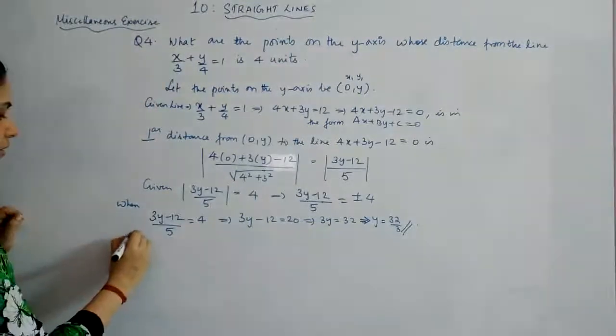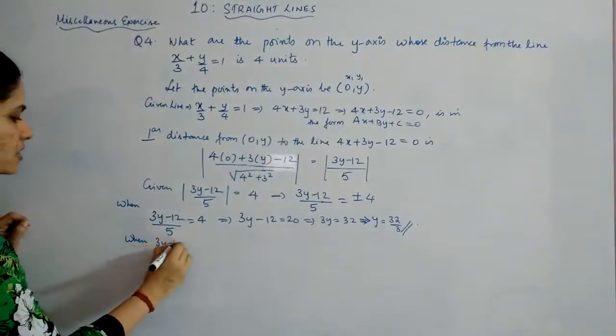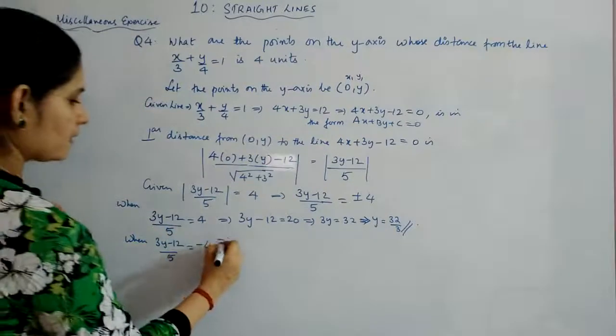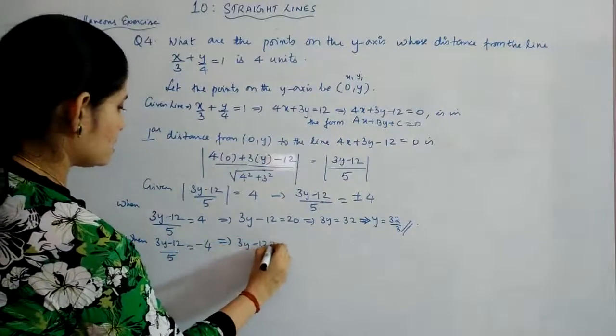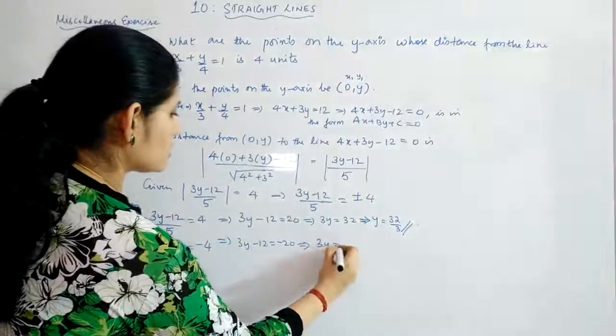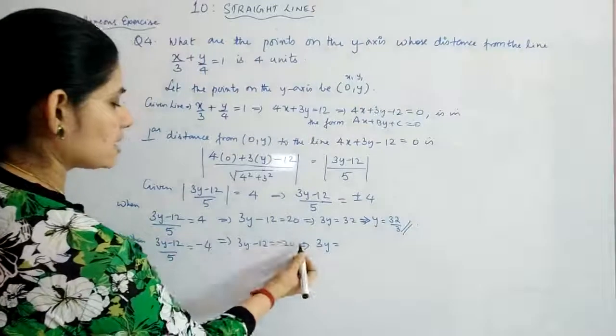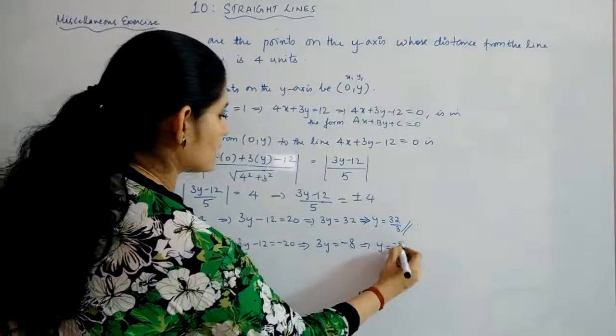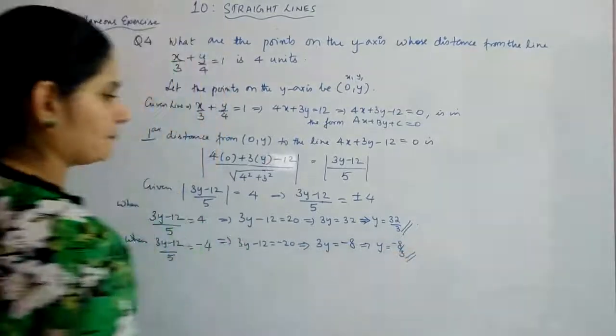Now when 3y minus 12 by 5 is equal to minus 4, you will get 3y minus 12 is equal to minus 20, which will give you 3y is equal to minus 20 plus 12 is minus 8, that is y is equal to minus 8 by 3.